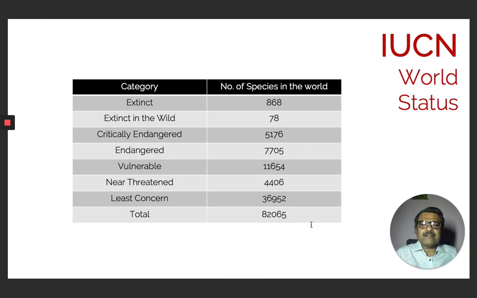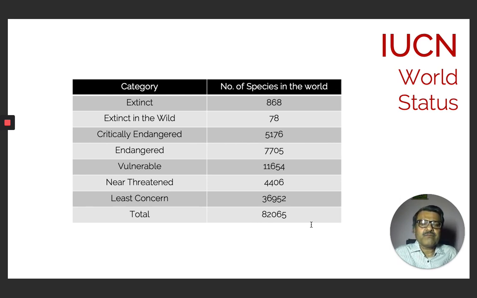This is the status of various species placed in various categories of IUCN, the recent status, where you can see the categories like extinct and the number of species in the world. In the extinct category, those species which are now not present on earth, they have vanished, number 868. Extinct in the wild, there are some species, they are 78.